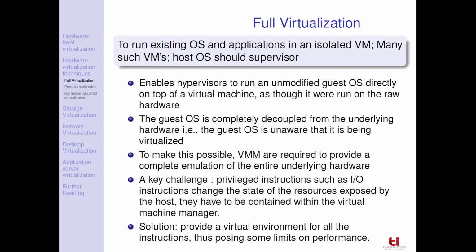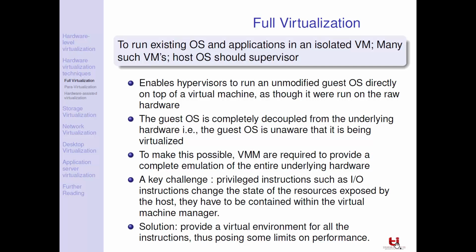We know what privileged instructions are. Privileged instructions are those instructions which can change the state of the hardware or access the input output ports of the hardware. So they have to be contained within the virtual machine. So the solution is to provide a virtual environment for all such instructions, thus posing some limit on the performance.